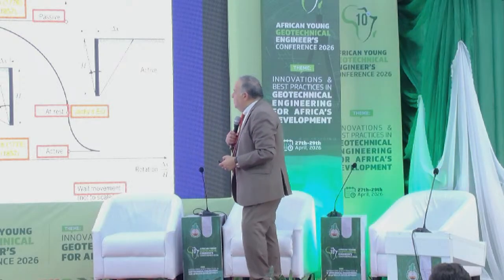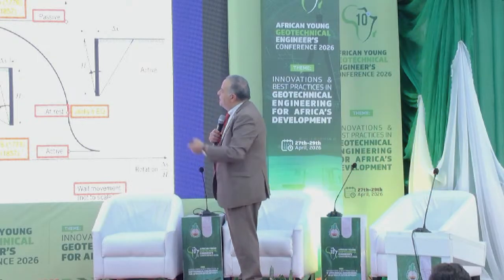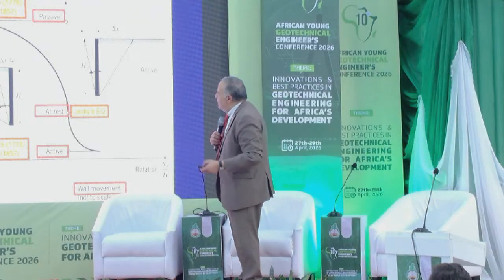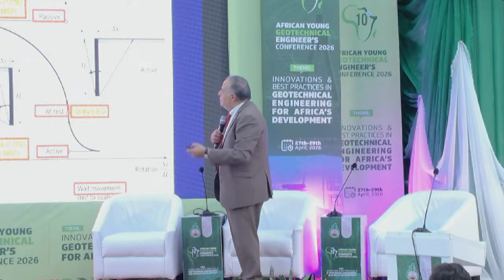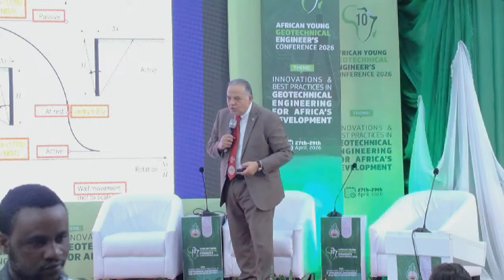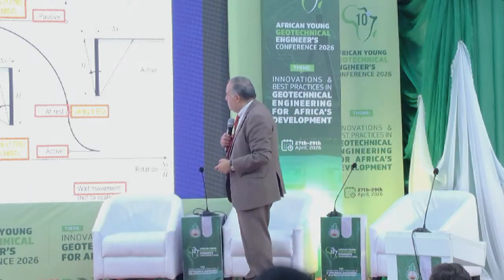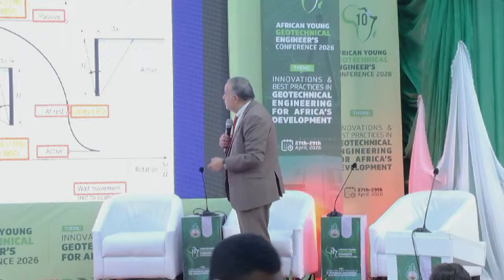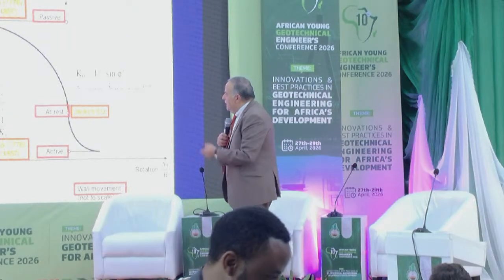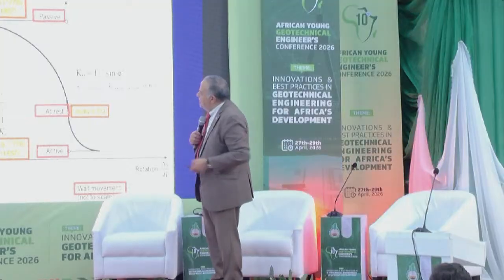The passive and active pressures we can find using classical theories, Coulomb and Rankine. And the at rest pressure we can find using the Jaky equation or a development of that. Again, this is active and passive using Rankine.